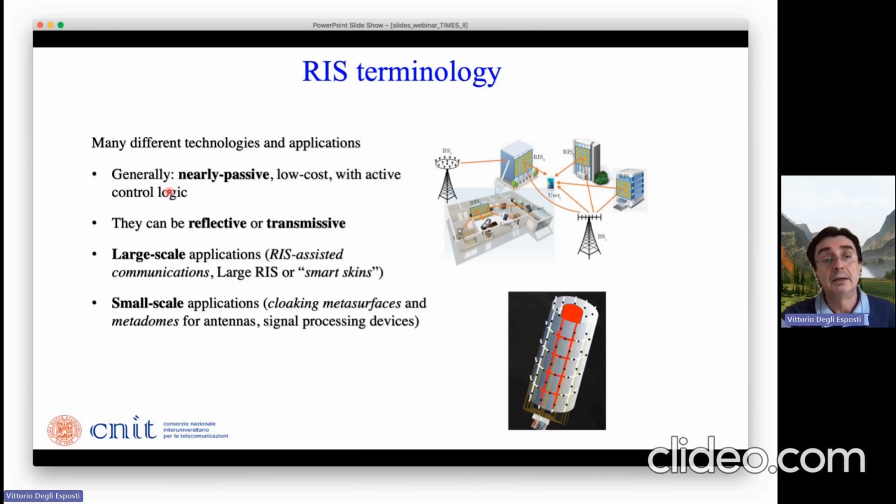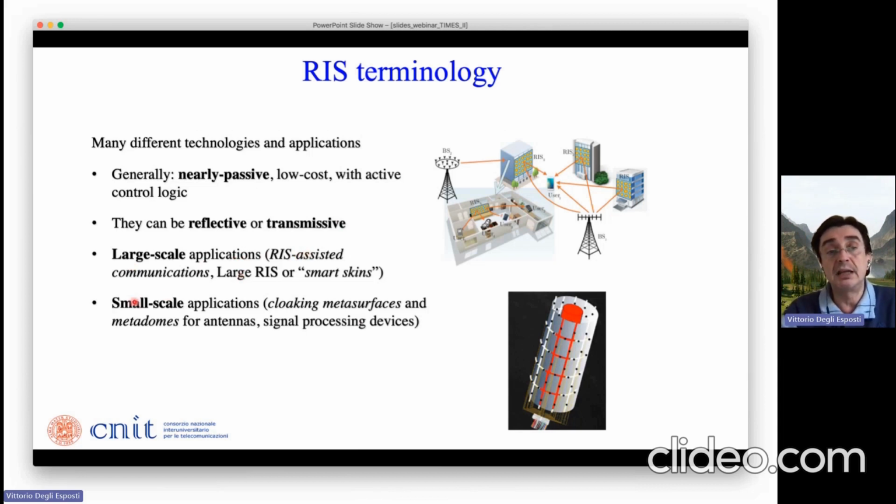They can be reflective or transmissive. They can also be transparent and re-radiate the field on the opposite direction with respect to the surface. There are large-scale applications, such as RIS-assisted communication, large RIS or smart skins to improve coverage.